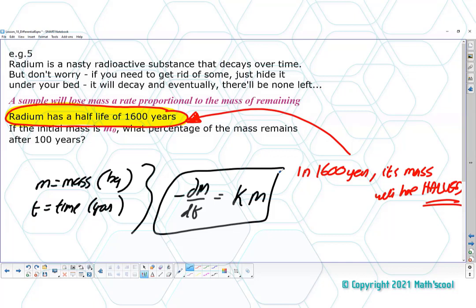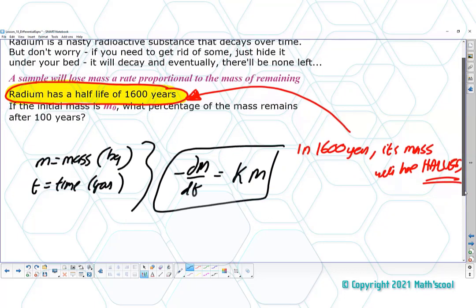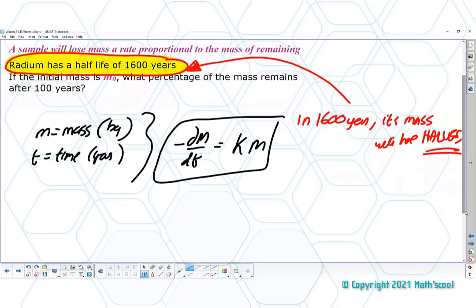You're going to divide both sides by m, take the dt to the other side, and integrate both sides. I'm going to cheat. I'm going to go straight to what I know the answer is.